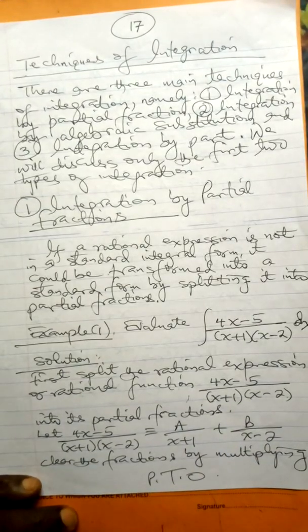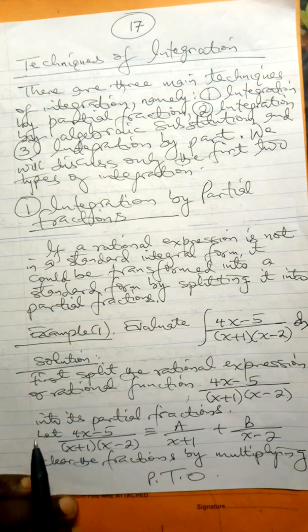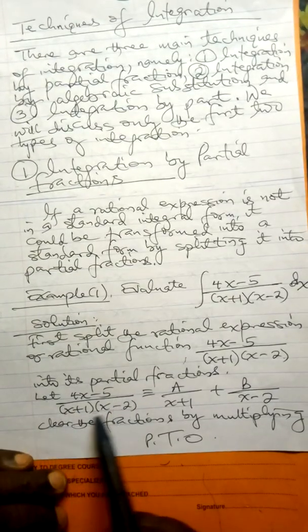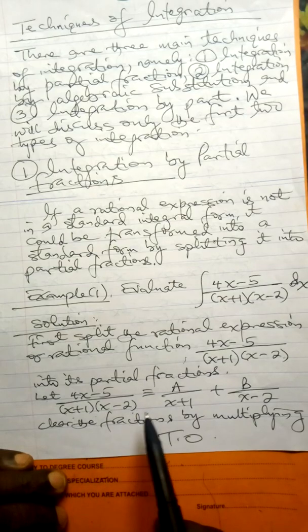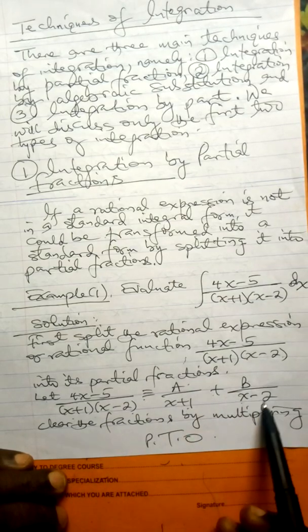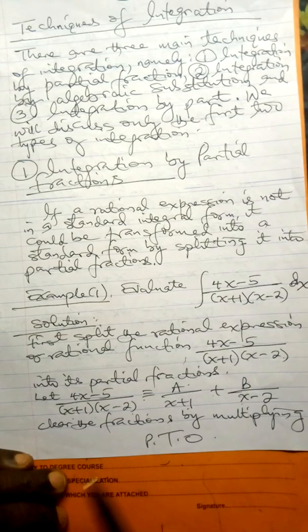So then we follow the normal method of resolving algebraic functions into partial fractions. So we say let 4x minus 5 over x plus 1 into x minus 2 be equivalent to a over x plus 1 plus b over x minus 2, as we did during the topic of partial fractions.